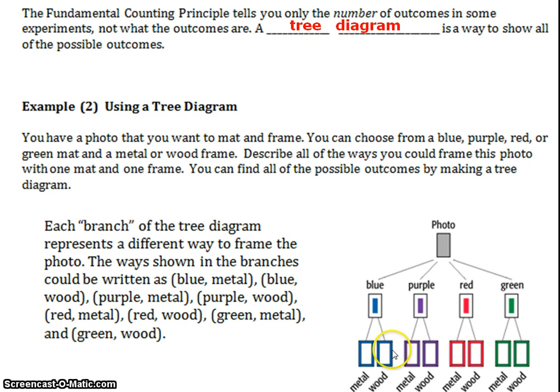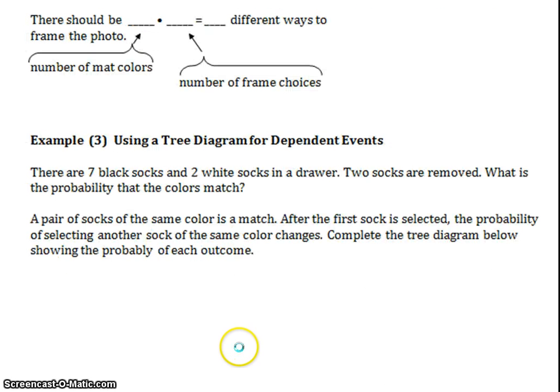Blue metal, blue wood, purple metal, purple wood, and so on. There should be 4 times 2, which would equal 8 different ways to frame the photo. The number of mat colors is 4, the number of frame choices is 2.